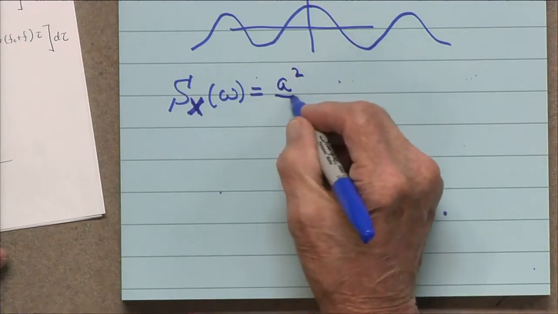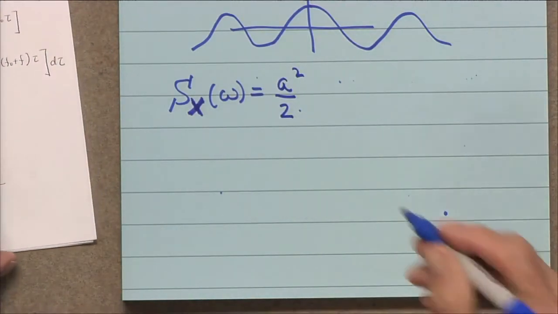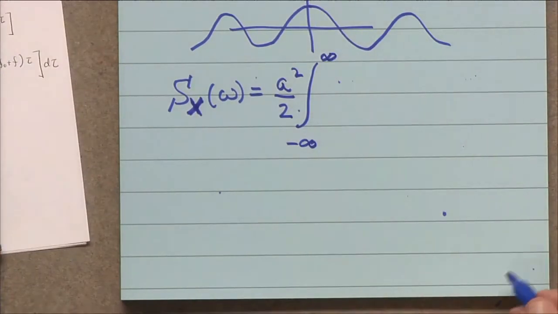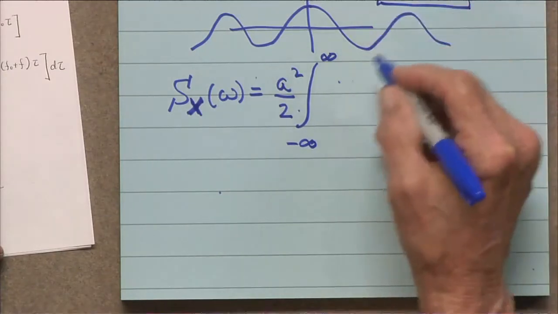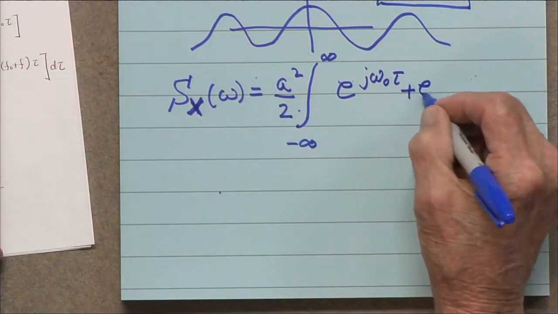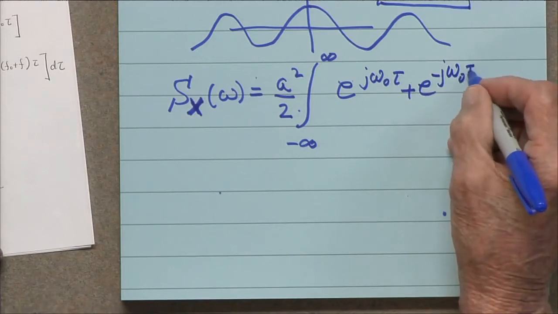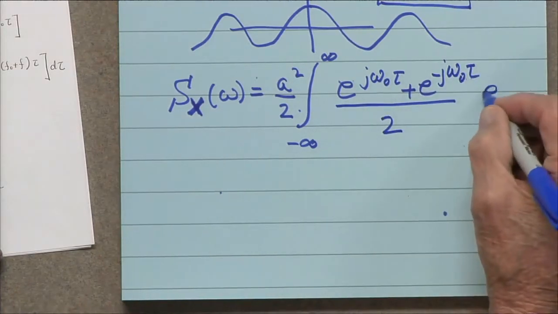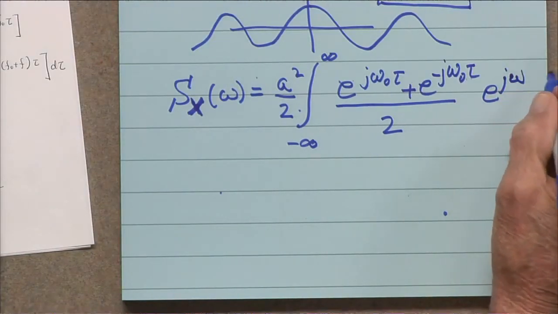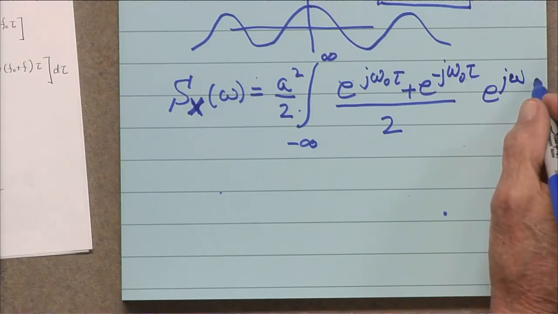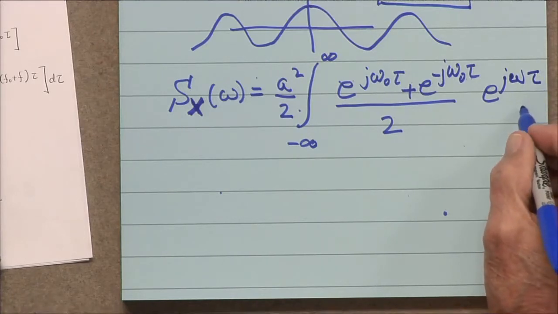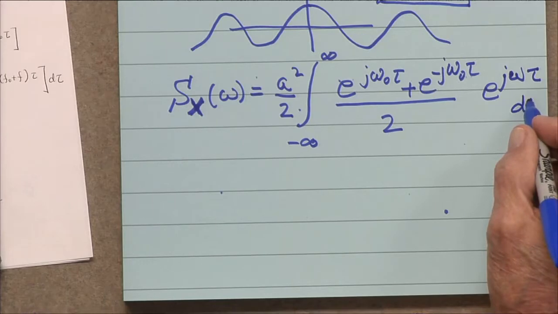So A squared over 2 times the integral from minus infinity to plus infinity. I'm going to write cosine of omega 0 tau, e to the j omega 0 tau plus e to the minus j omega 0 tau divided by 2, times e to the j omega tau d omega. Oh, excuse me, d tau.